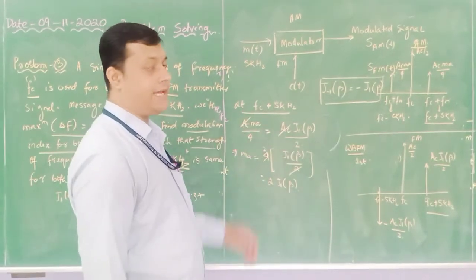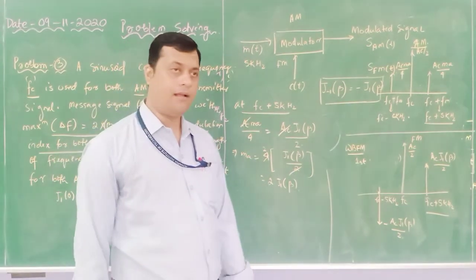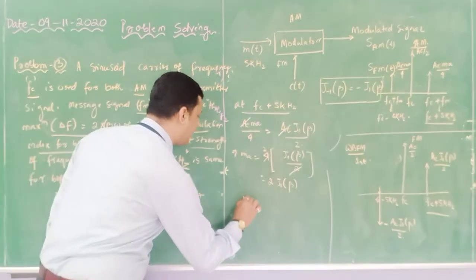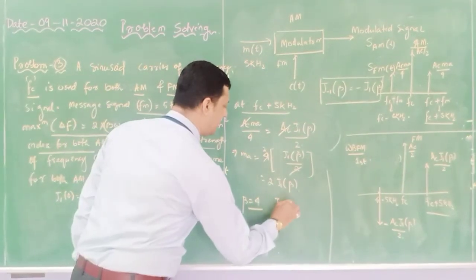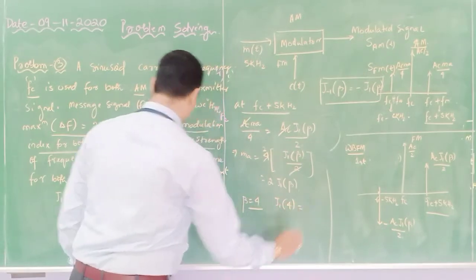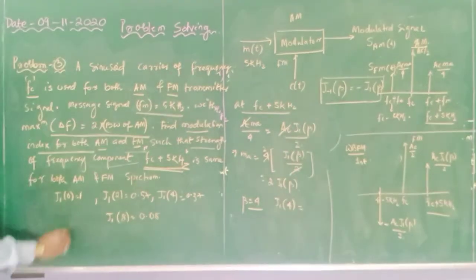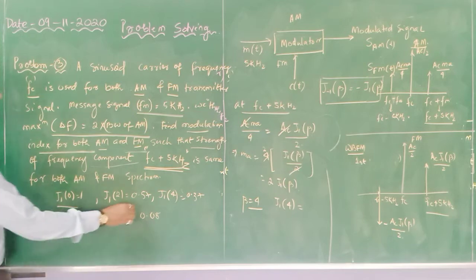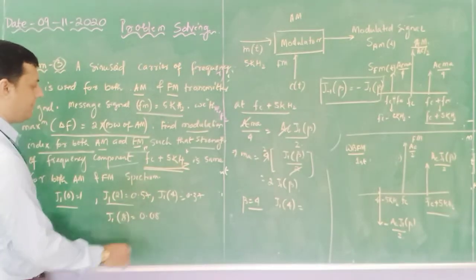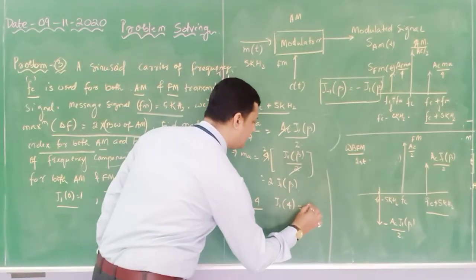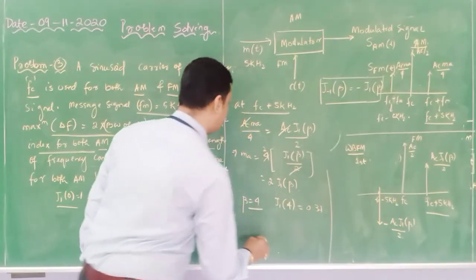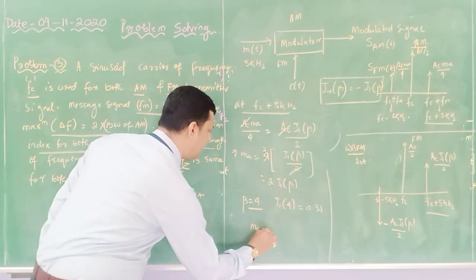Now in this case, what is the value of beta? The beta value we have determined as 4. So here I will write J1 of 4, and the values are given: J1 of 0 is 1, J1 of 2 is 0.57, J1 of 4 is 0.37. So I will use 0.37. So what is my modulation index?